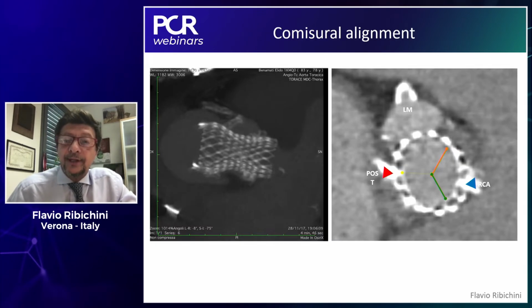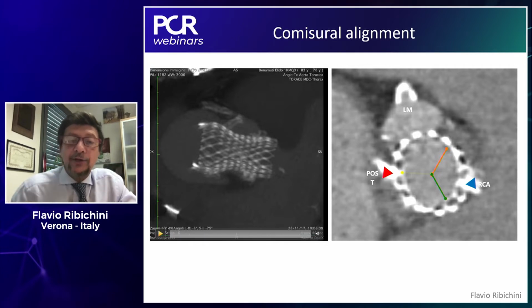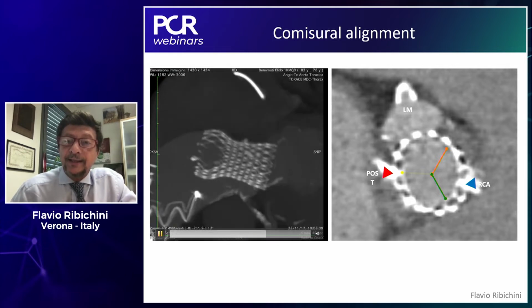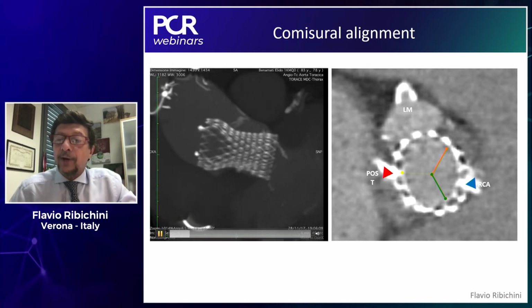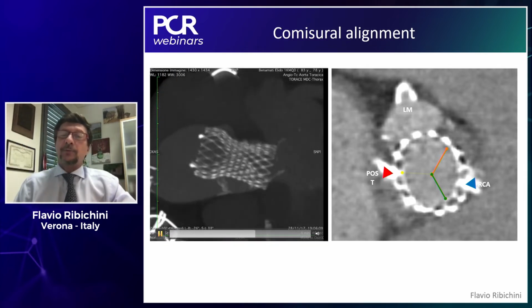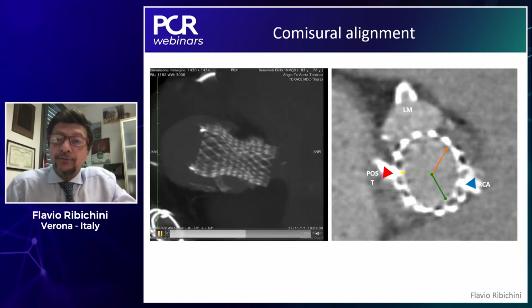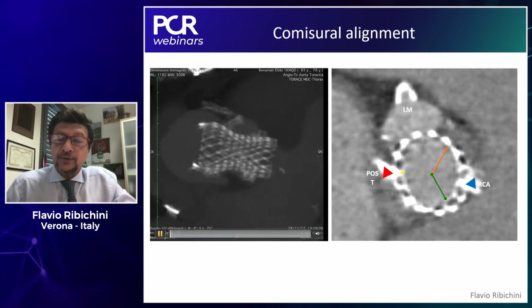Next one. And this is the rotational analysis. Please click on the left image so you can have a clear idea on the difficult implantation. But you see that the alignment to the right coronary artery in the lower right part of the right picture and in the upper part of the right picture is good. Next one.